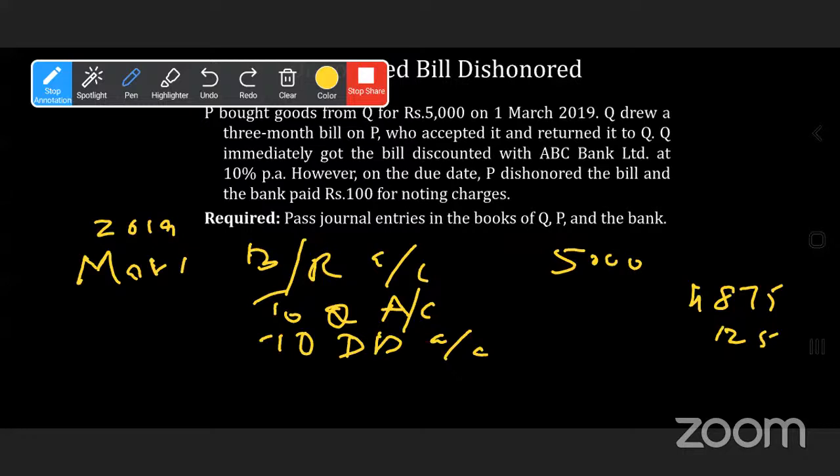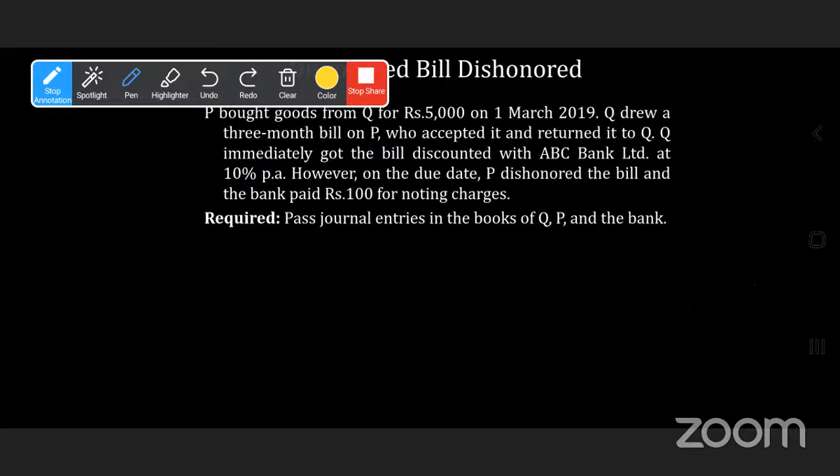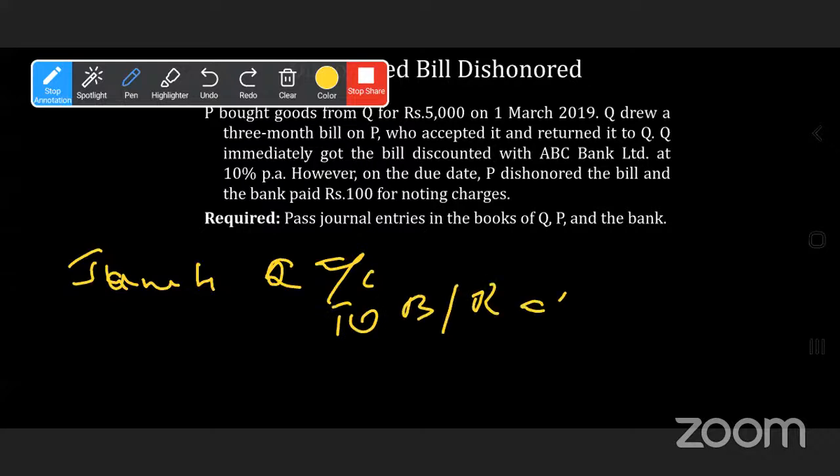Now, on June 4th, the bill got dishonored. So what is the entry you have to pass? On the due date, the bill got dishonored. Q account debtor to bills receivable account 5,000, to cash account, that is the noting charges, 100 rupees.